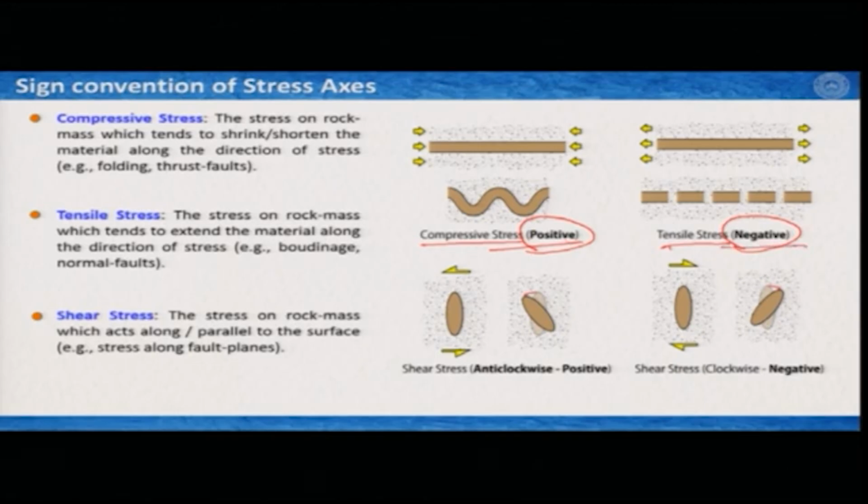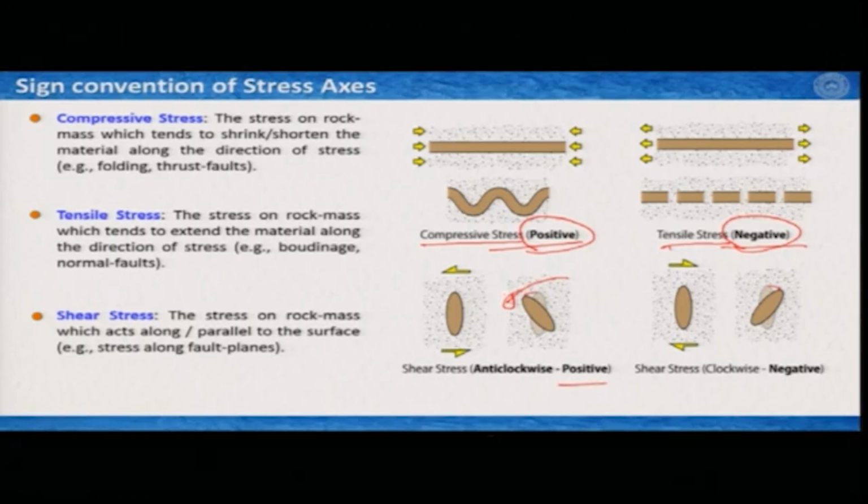Now, shear stress, as we have learnt, is the stress on the rock mass that acts along or parallel to the surface. That means you can consider the stress along a fault plane. In this case, if I have shear stress working like this on this elliptical object, and the rotation of this elliptical object due to application of the shear stress is anticlockwise, then we consider it positive.